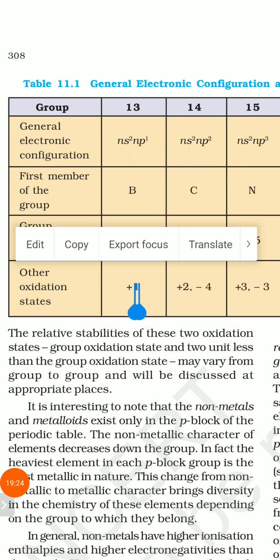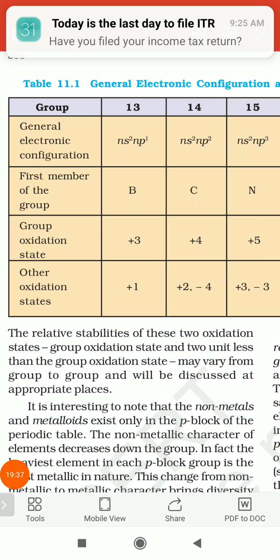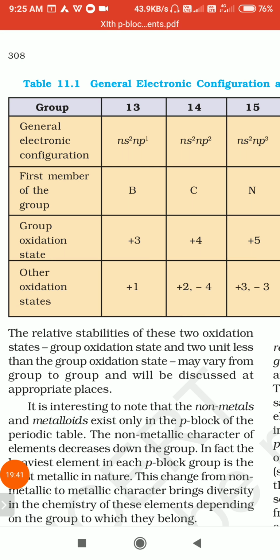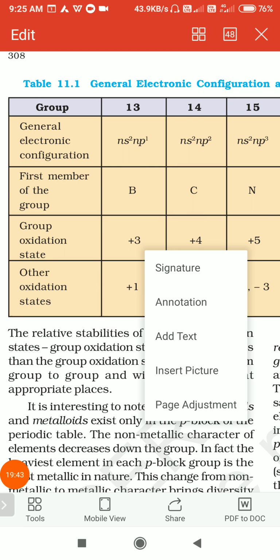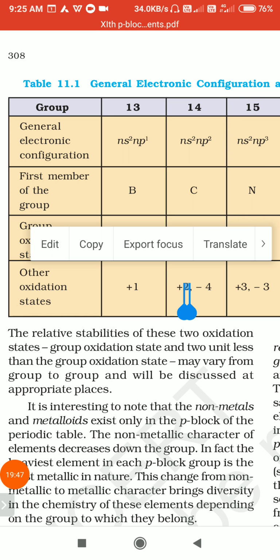That means a 13th group element exhibits either plus 1 or plus 3 only; it does not exhibit other oxidation states. Already they mentioned other oxidation states here. What are the other oxidation states? The 14th group exhibits plus 4, minus 4, and in some cases plus 2 also.